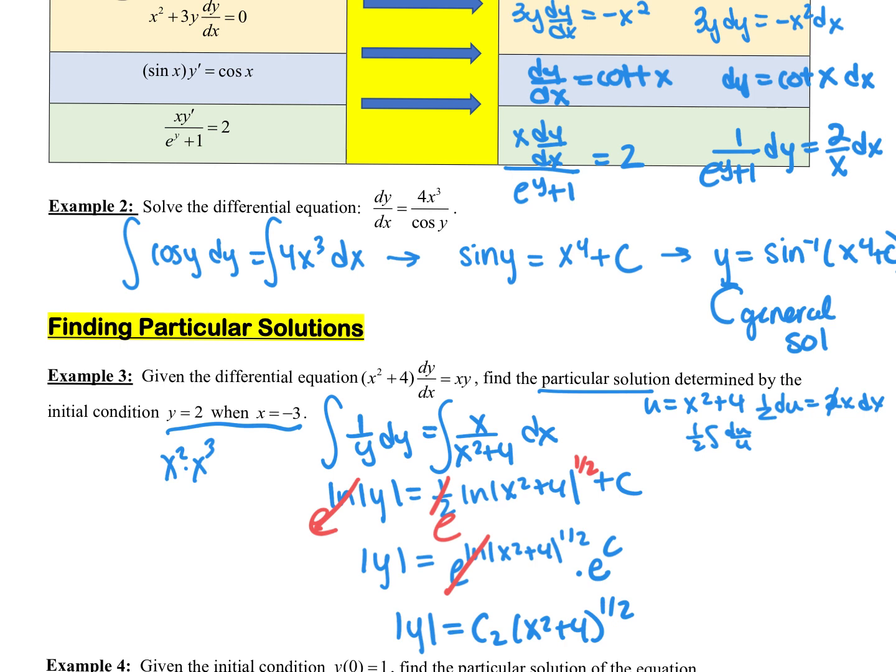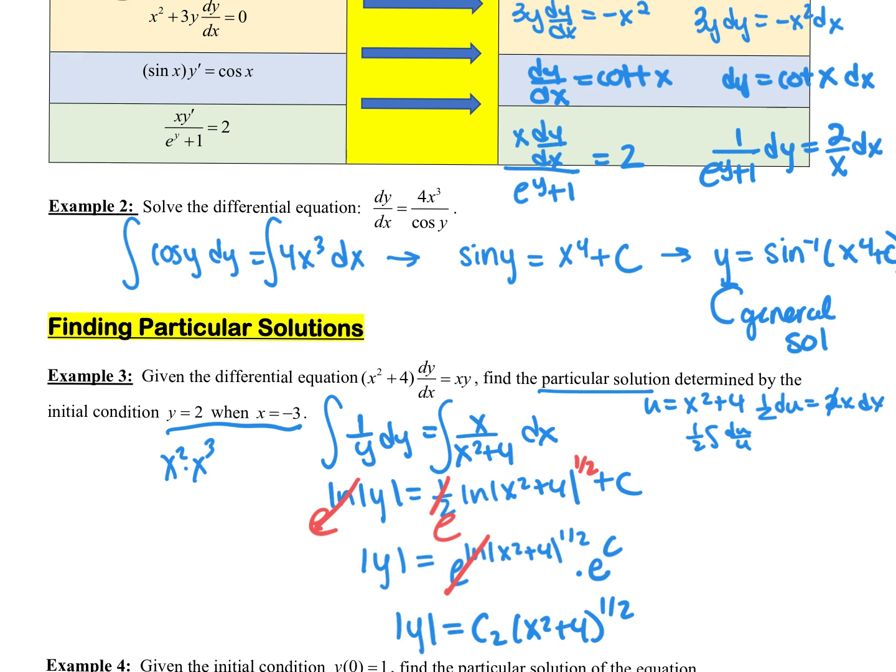So just the e to the ln canceled, this all came down, and then the e to the c became a brand new constant. I did get rid of the absolute value right here because x squared plus 4 will never be negative, right? So I don't need to worry about that. So I just turned it in parentheses. And then I'm also going to drop the absolute value around the y, okay?